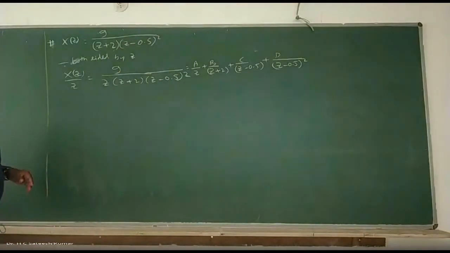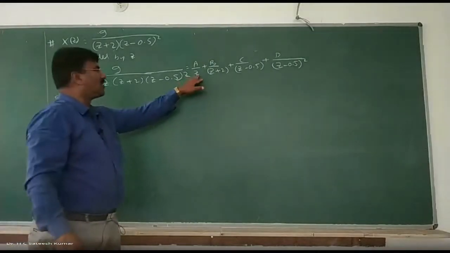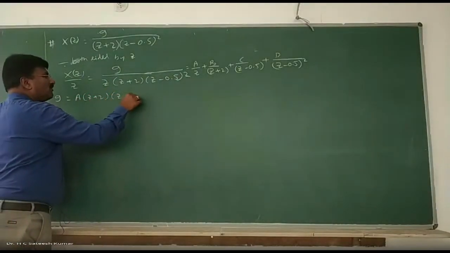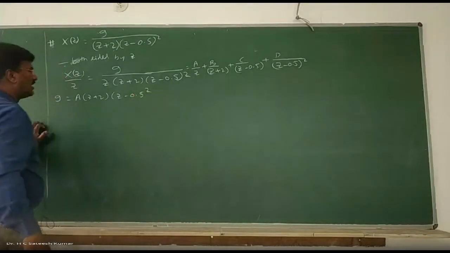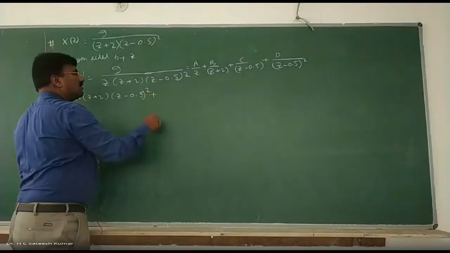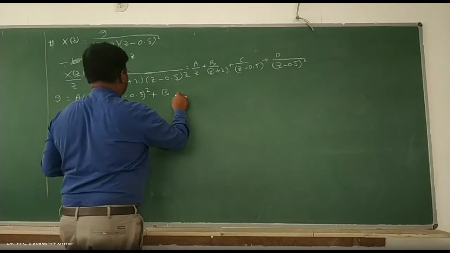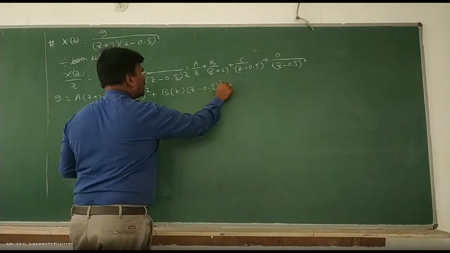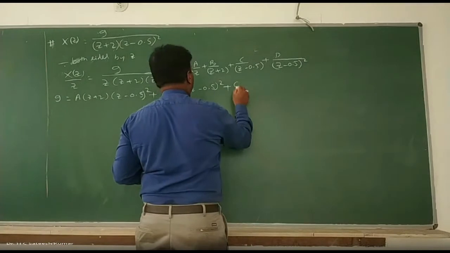Anyhow, now go for the LCM. 9 is equal to a into, divide this one from the denominator, z gets cancelled. What is left out? z plus 2 into z minus 0.5 whole square, plus b into, divide, z into z minus 0.5 whole square, plus c into z minus 0.5.